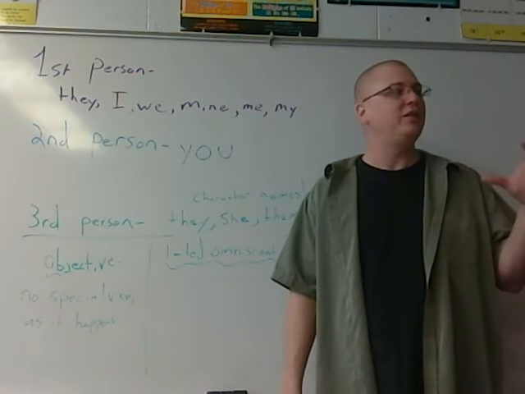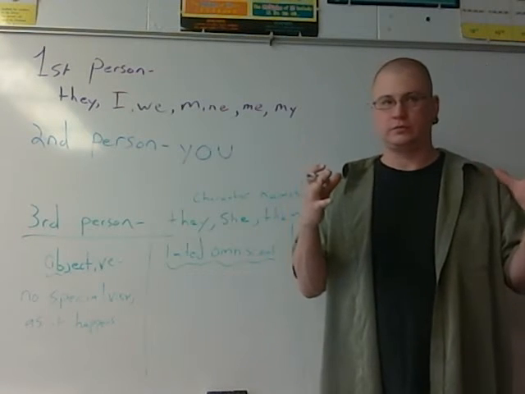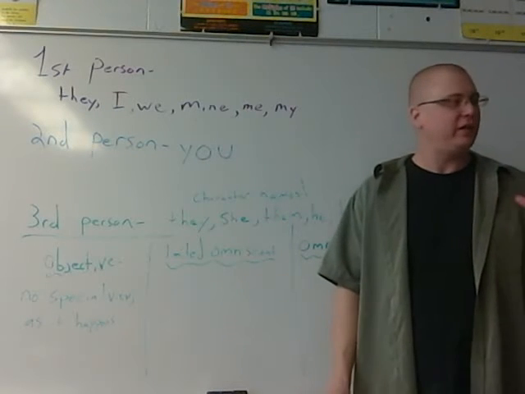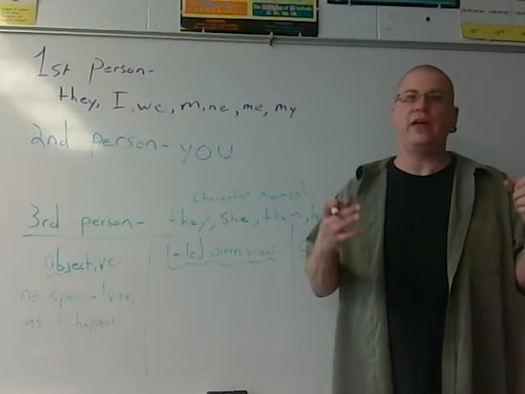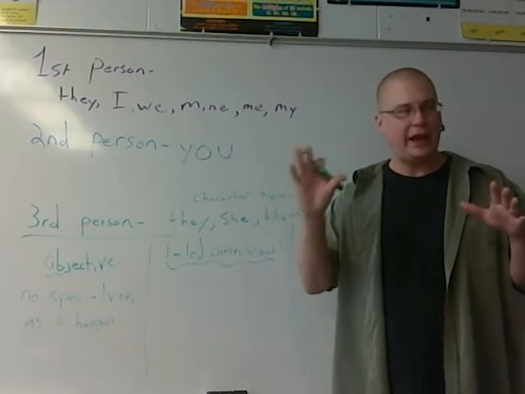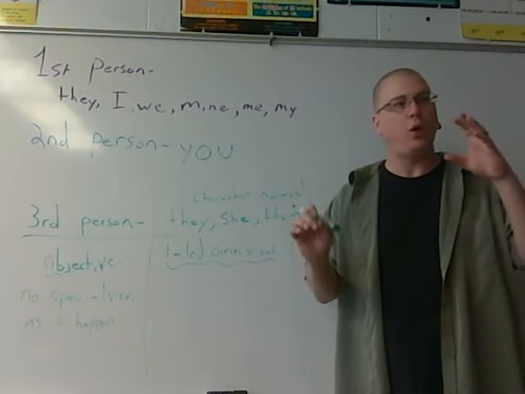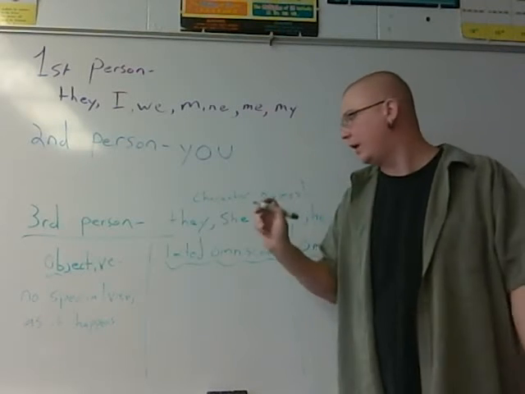Third person, limited, omniscient. Omniscient means all-knowing. What happens in a limited, omniscient story is that the author, the narrator, knows the inside workings of one character.